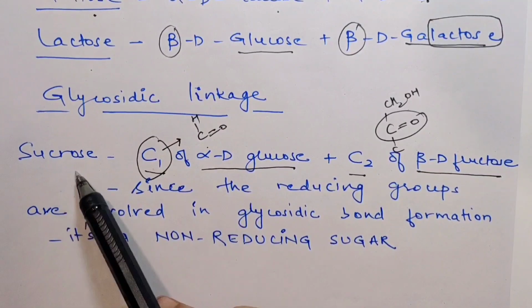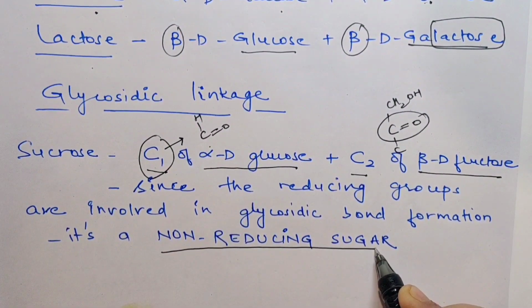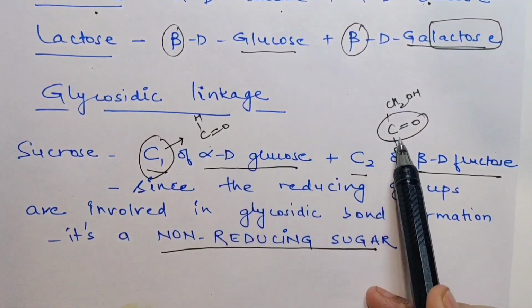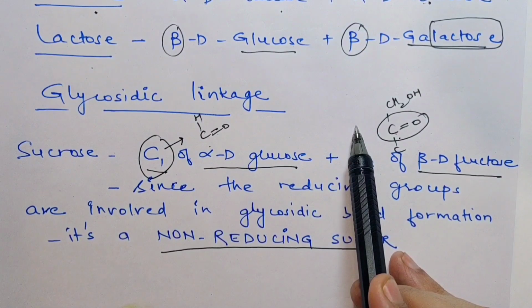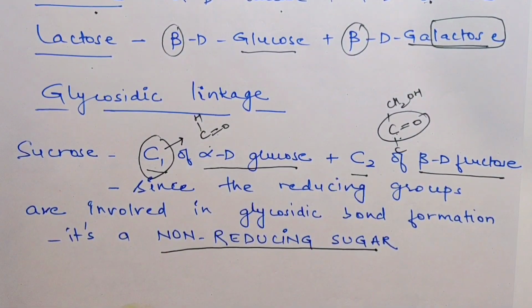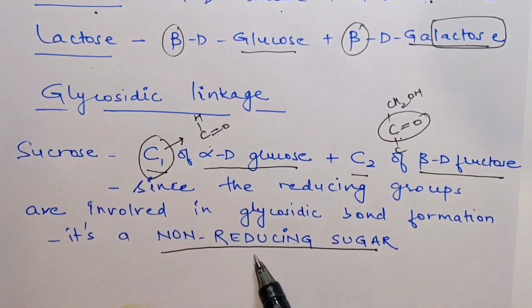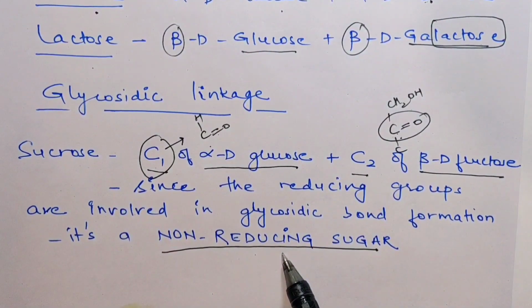So that makes sucrose a non-reducing sugar, because the aldehydic and ketonic groups are tied up, involved in the linkage. Therefore, they are not free to be oxidized. Therefore, sucrose is termed a non-reducing sugar.